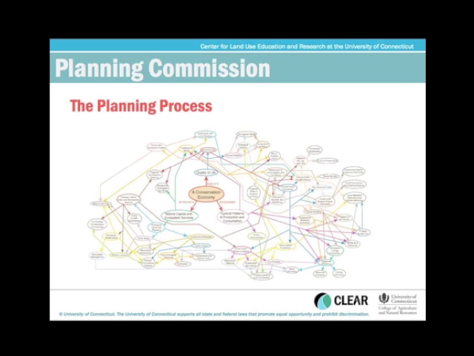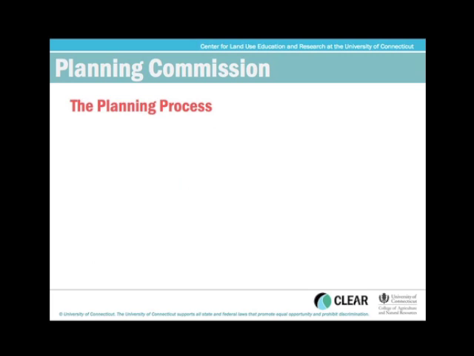But when it comes right down to it, the planning process is fairly simple, and really it begins first with knowing what you have in a community, doing some sort of inventory and understanding what is out there and what exactly you have. And this in terms of natural resources, cultural resources, and economic resources as well, and human resources even. So there are a lot of things that can go into an inventory.